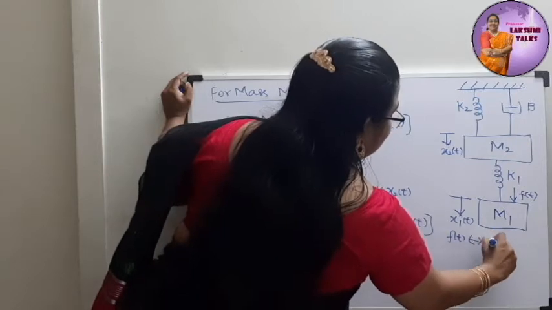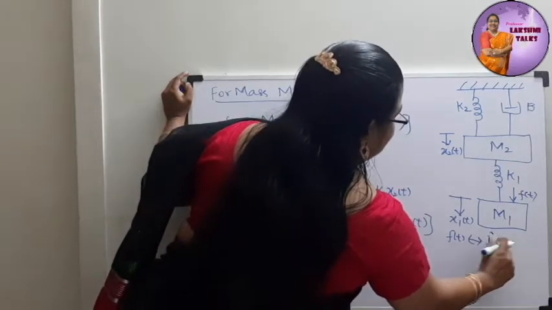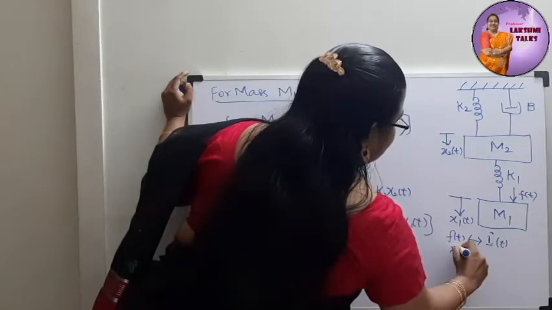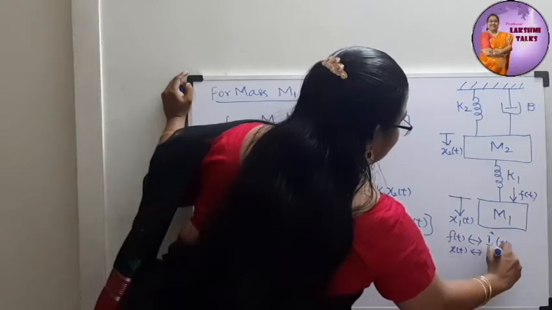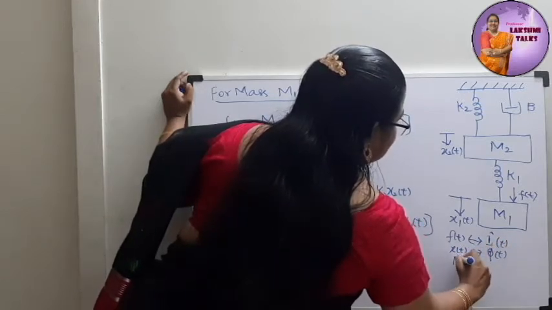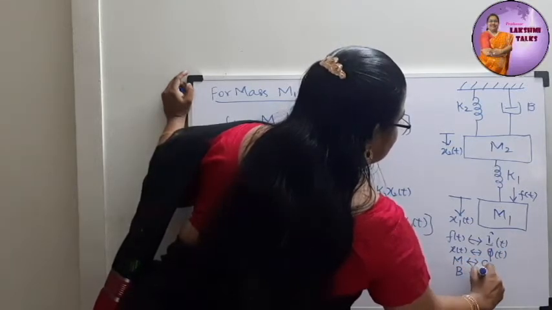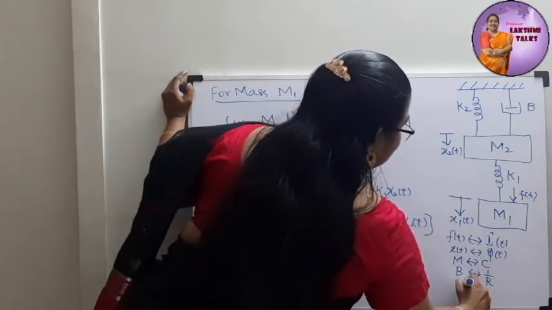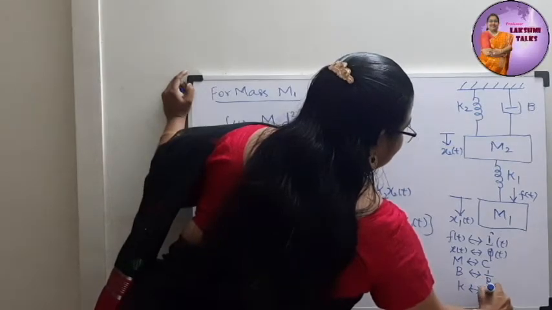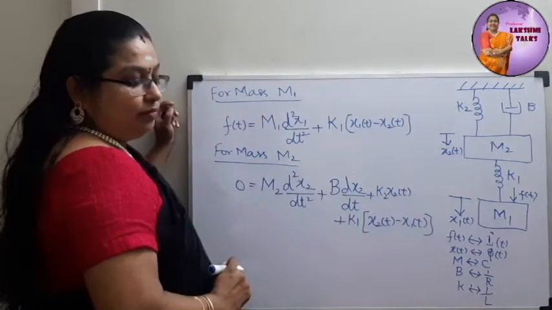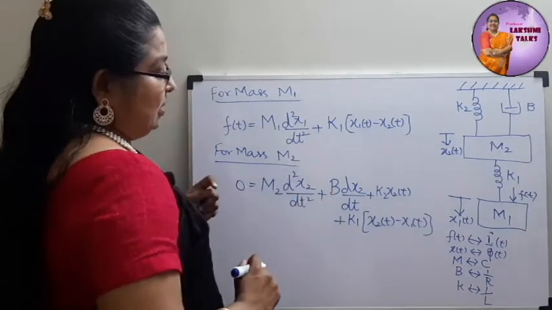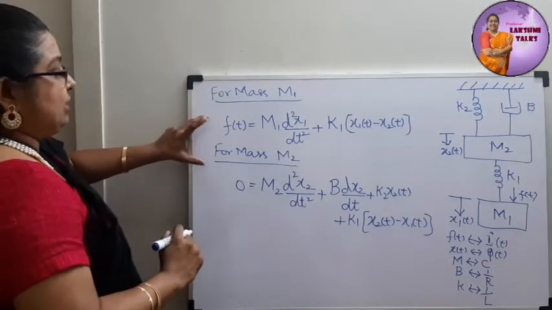Force is equivalent to current I of t, then x of t is equivalent to flux phi of t, then mass m is equivalent to C, and b is equivalent to 1 by R, and k is equivalent to 1 by L.